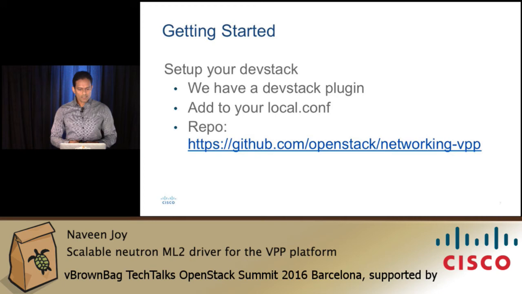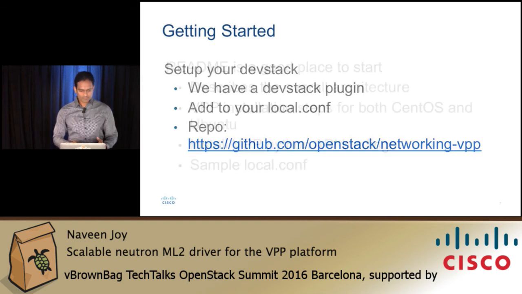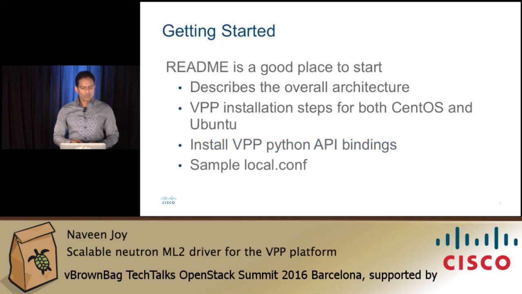So how do you get started? Set up your devstack. We have a devstack plugin. It's available to you right here at openstack/networking-vpp. So you can add to your local.conf, and then you can stack your devstack. A very good place to start is the readme. It describes the overall architecture in detail, pretty much what I just talked about.